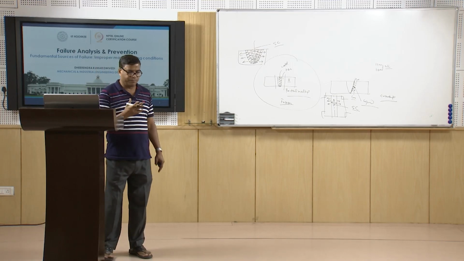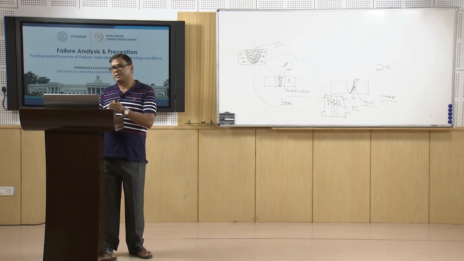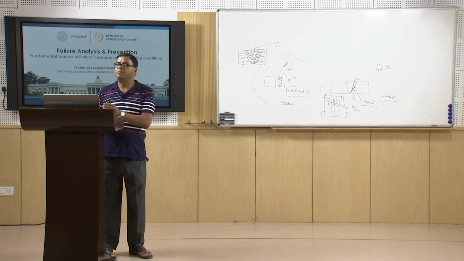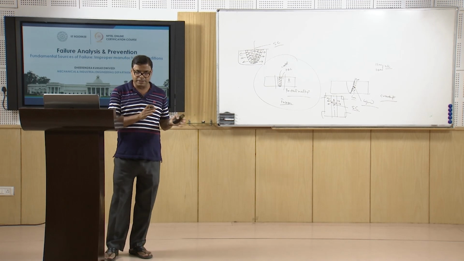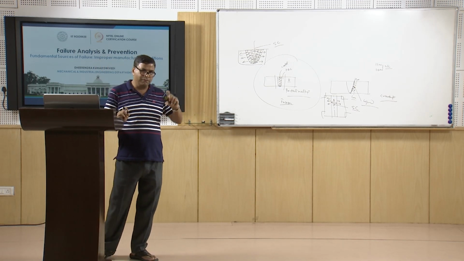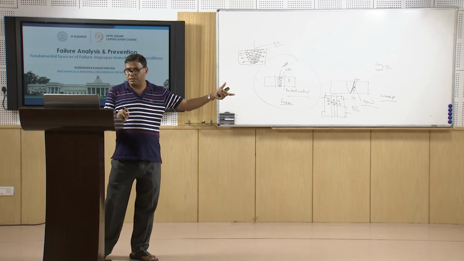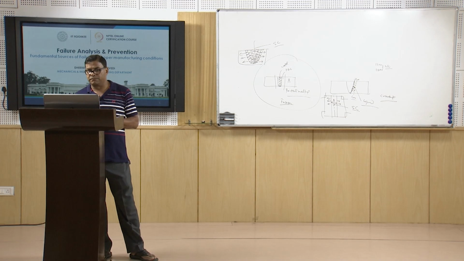You know that the different zones in fusion welding experience different compositions and different cooling rates, and due to the variation in cooling rate and composition they have different microstructures, and the variation in microstructure in turn leads to variation in mechanical properties.